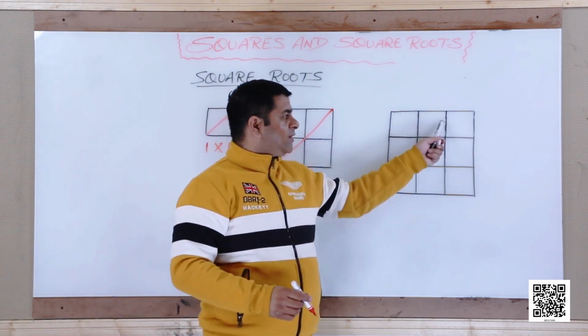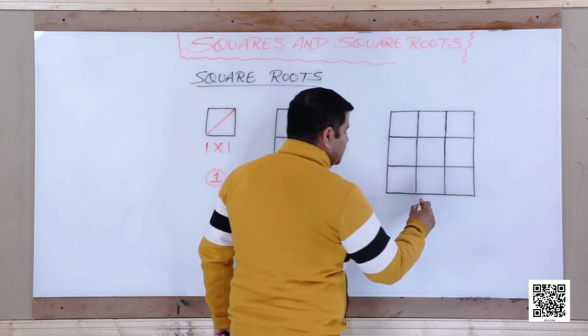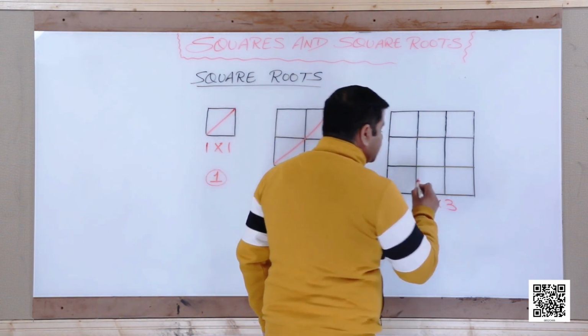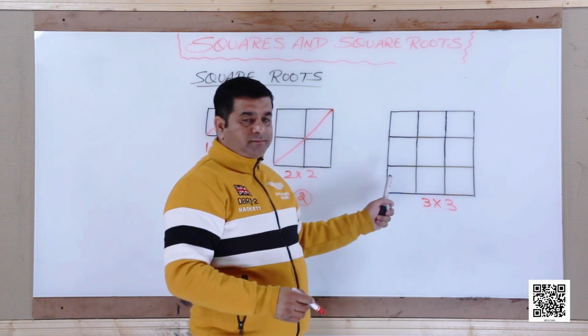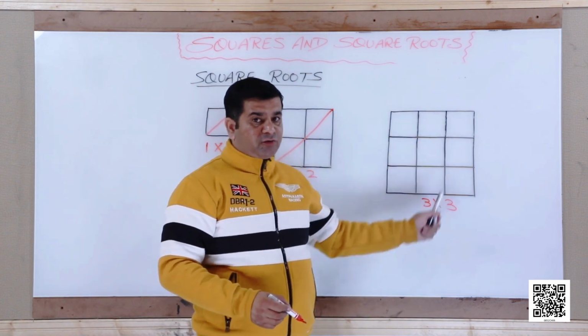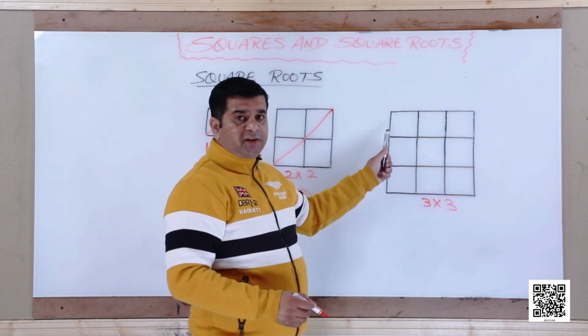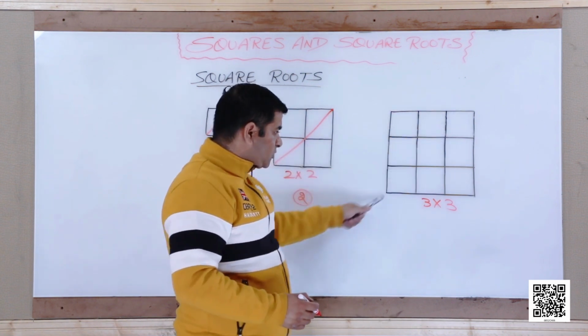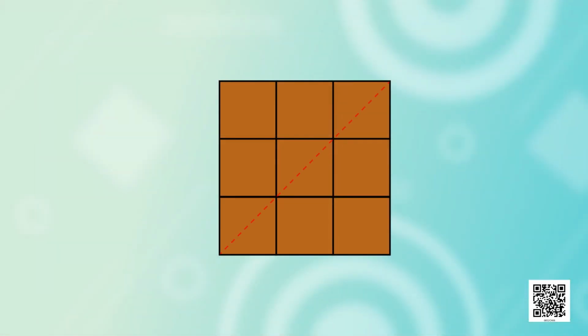Similarly, in this figure, which you can clearly see is a 3 by 3 square. It represents 3 square. So if we draw a line across this figure like this, through how many squares does this line pass? 1, 2 and 3. This line passes through 1, 2 and 3 squares.